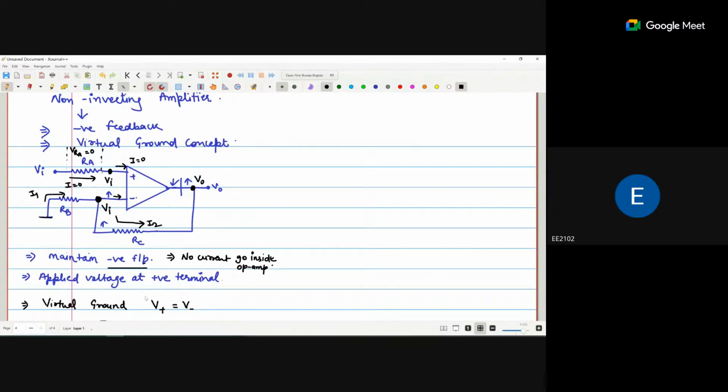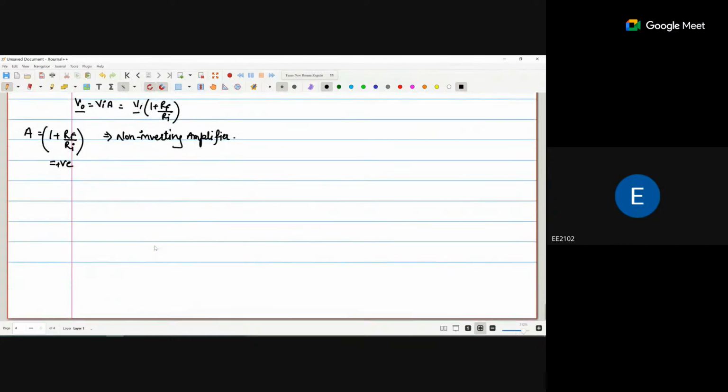What is the meaning of the virtual ground concept? Both terminal voltages are the same. Okay, I will show one more diagram.